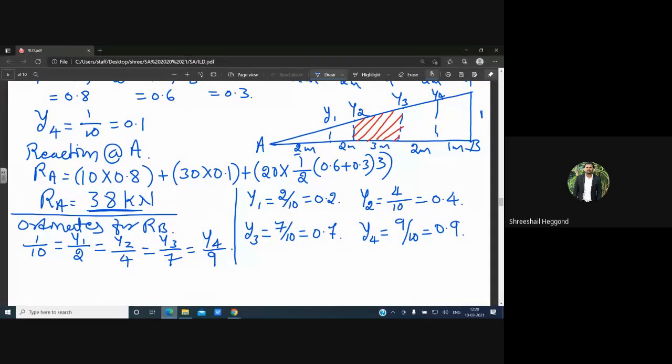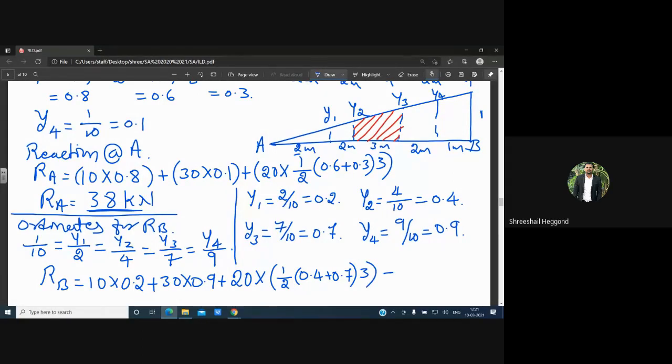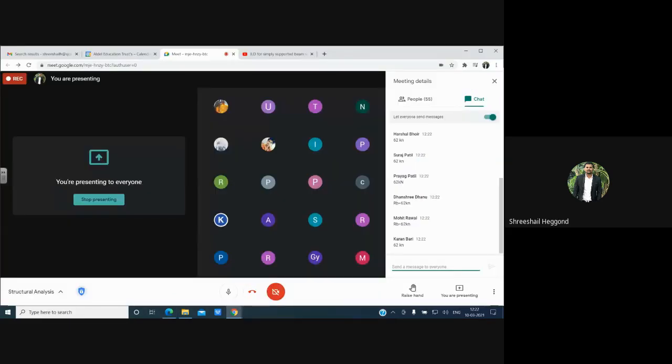For RB, RB can be calculated as 10 into the first ordinate y1, that is multiplied with 0.2, plus 30 into the last ordinate, that is y4, which is 0.9, plus in between is the area under UDL, that is 20 kN/m UDL into half sum of parallel sides, that is 0.4 and 0.7, into the perpendicular distance between the two parallel sides, which is 3 meter.